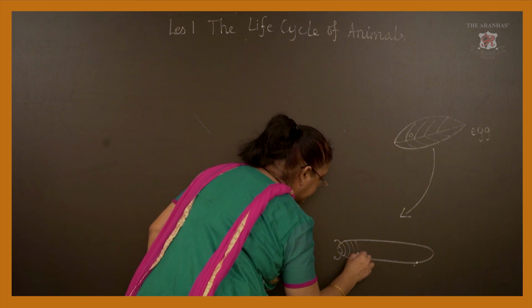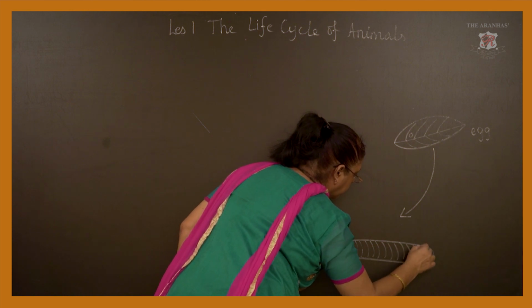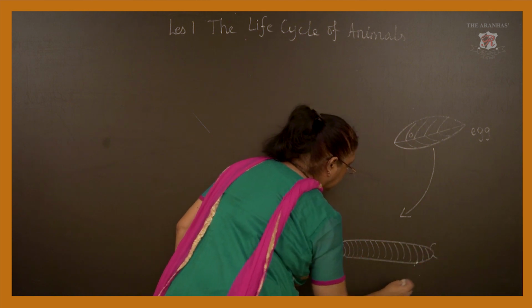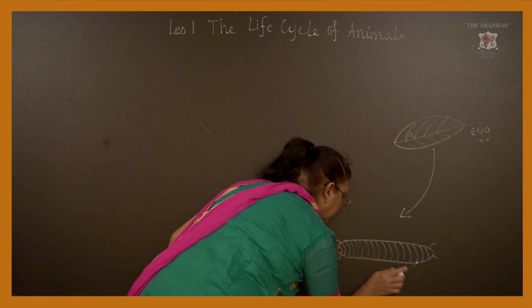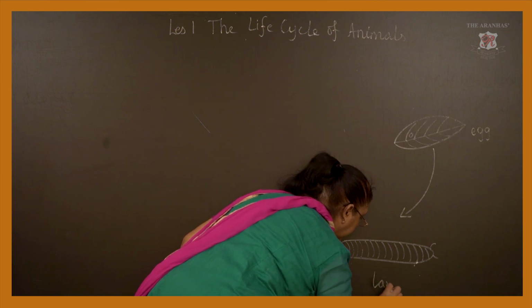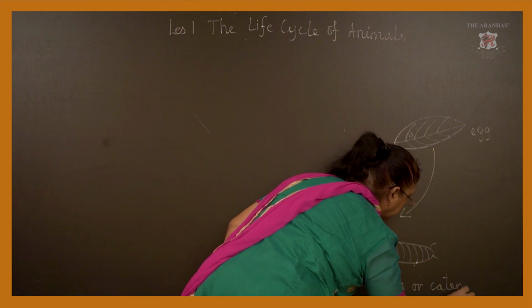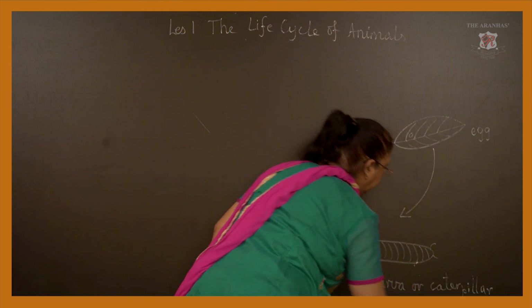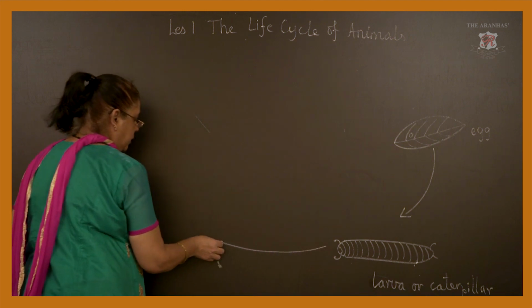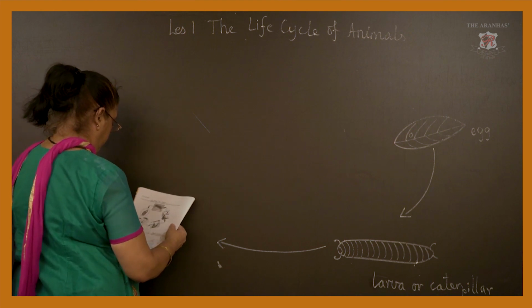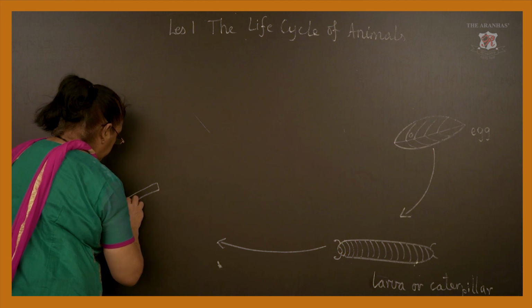Now we will draw the second stage. This is the larva or caterpillar stage. Larva or caterpillar. Then we come to the next stage, which is the pupa or chrysalis stage.